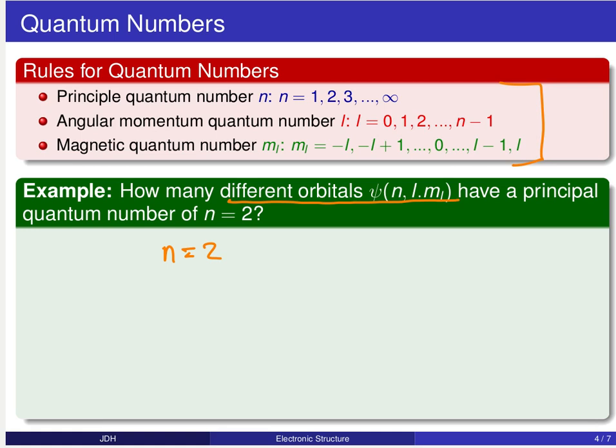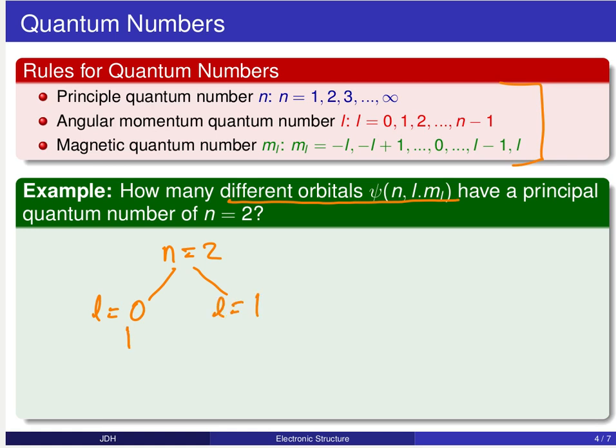So n equals 2 places constraints, of course, on the possible values of L. L can be any value from 0 all the way up to n minus 1. n is 2, 2 minus 1 is 1, so L is going to be 0 or 1.